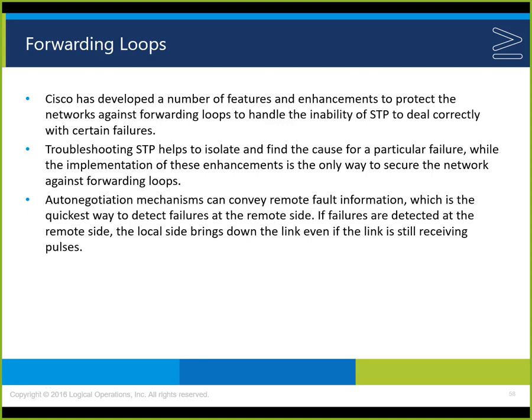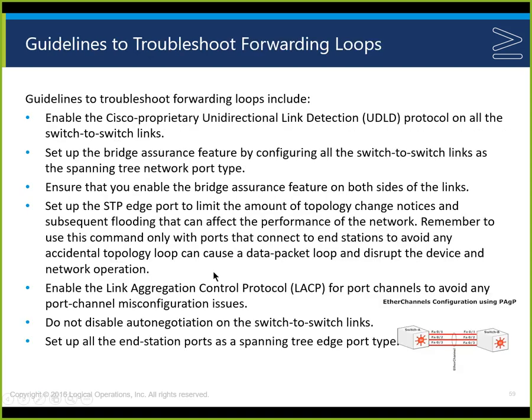If failures are detected at the remote side, the local side brings down the link even if the link is still receiving pulses. And forwarding loops are going to happen here, receiving pulses. A number of things happen. It can happen if we have fiber because of the two fibers that come into the situation.